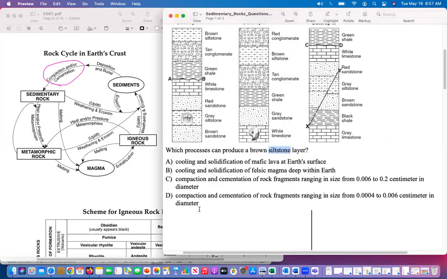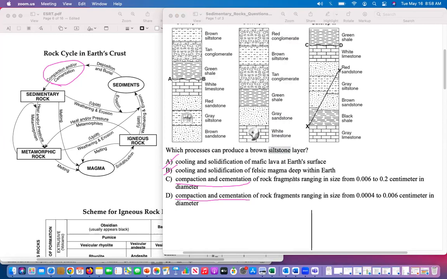So when I'm looking, I already see pooling, solidification, of mafic or felsic. That is incorrect. All right, for A and B, it can't be that because siltstone is a sedimentary rock that's created from compaction and cementation. So I see compaction and cementation in C, and I see it in D.